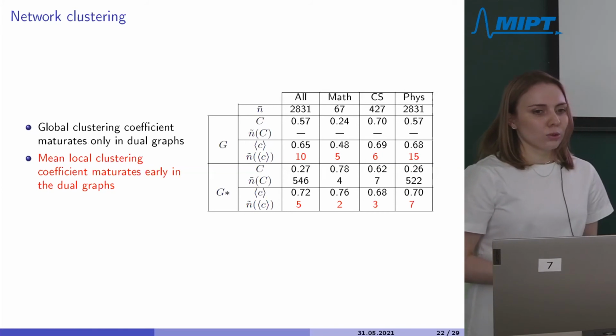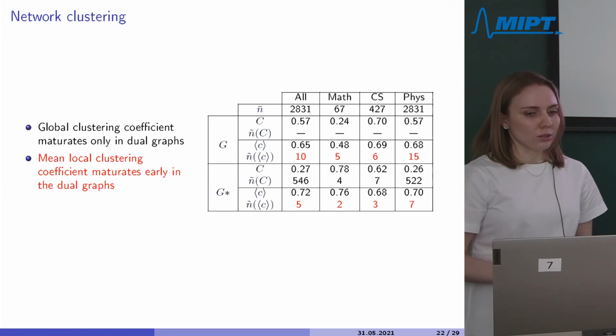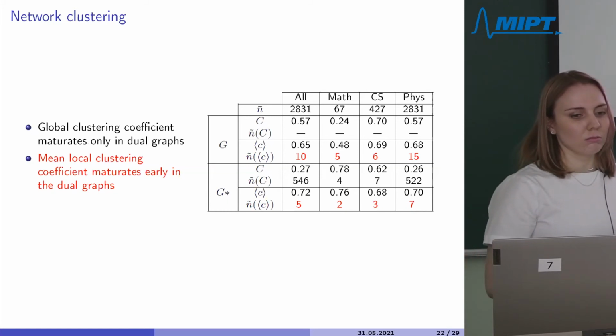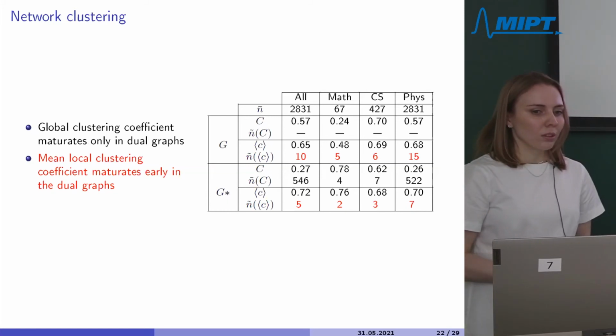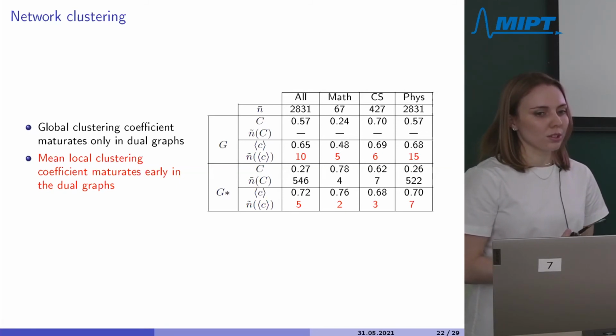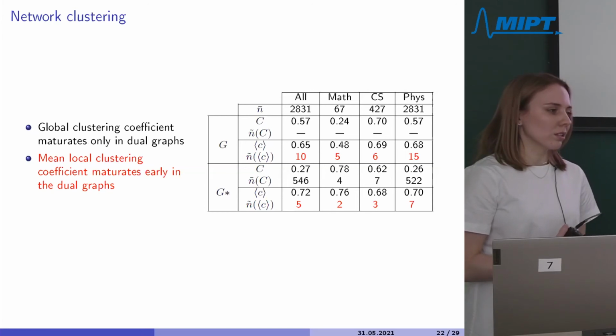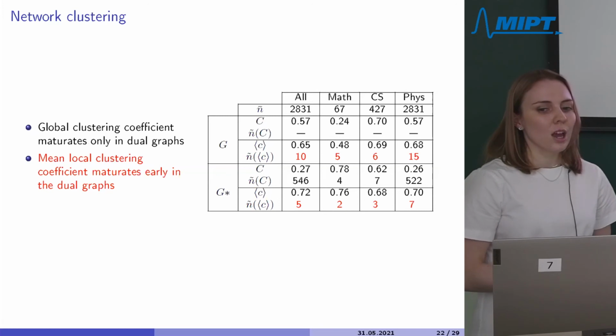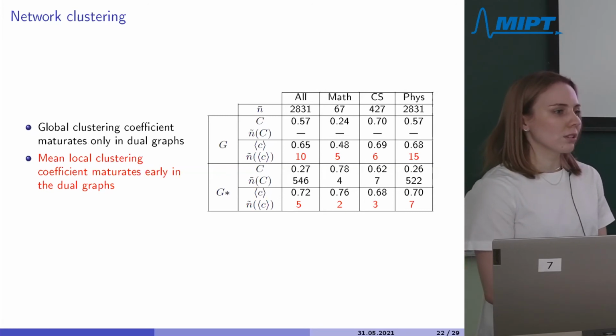And turning to diameter and characteristic path length, we see that in physics, the value of characteristic path length is significantly smaller than in the field of math and CS, but this value doesn't maturate.